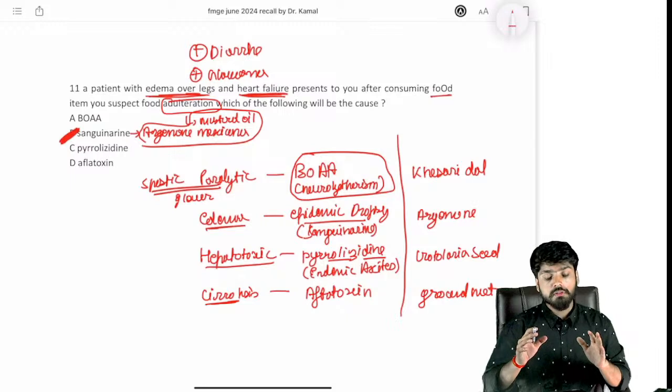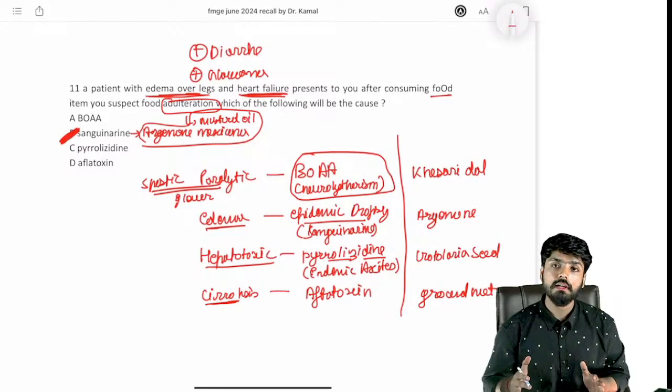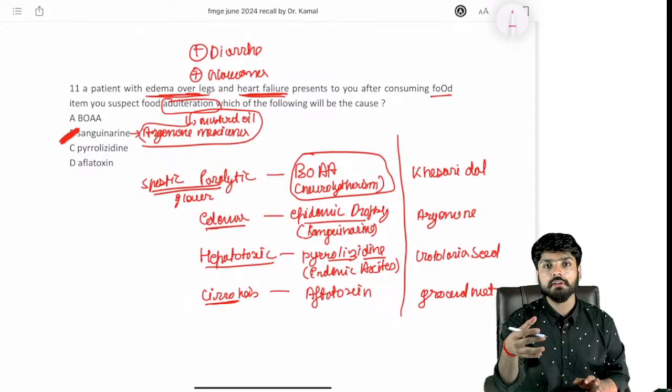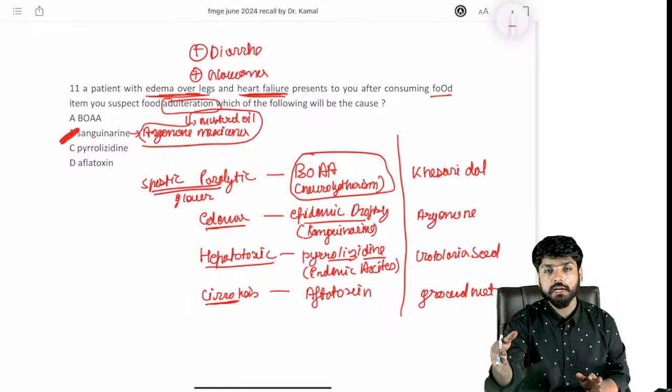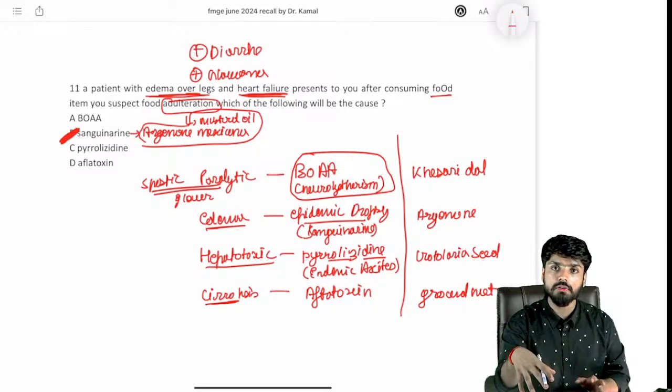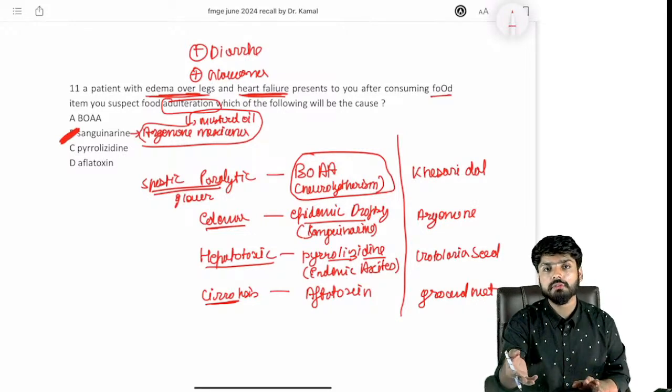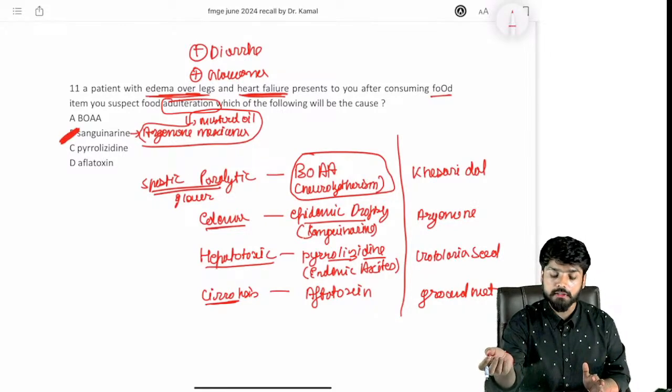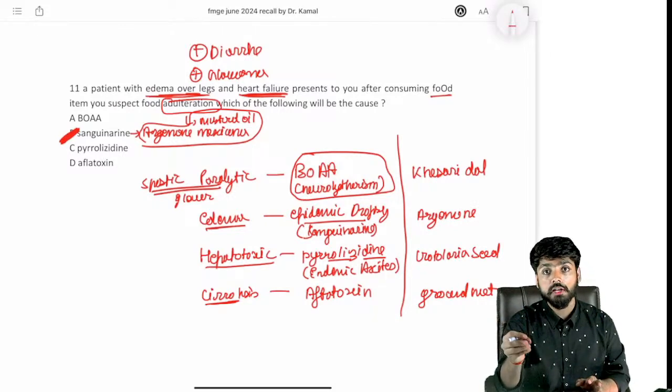So try to concise and tailor your practice and your schedule, because time and syllabus is a fabric. You have to tailor it according to you, because everybody is different, everybody studies in a different pattern. I want you to have a precise idea about what you are dealing with and what you need to prepare for.